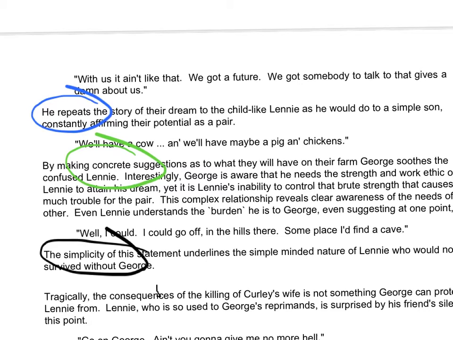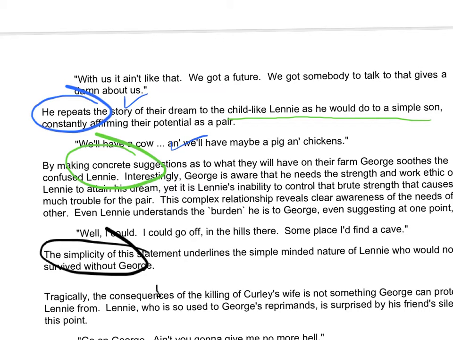So we've got the AO2 there, and then we have some explanation around here, and then look right here, we have it again. By making concrete suggestions, critical of language, as to what they have on their farm, George soothes the confused. Interestingly, George is aware of the needs of the strength and work ethic of Lenny's attained dream.